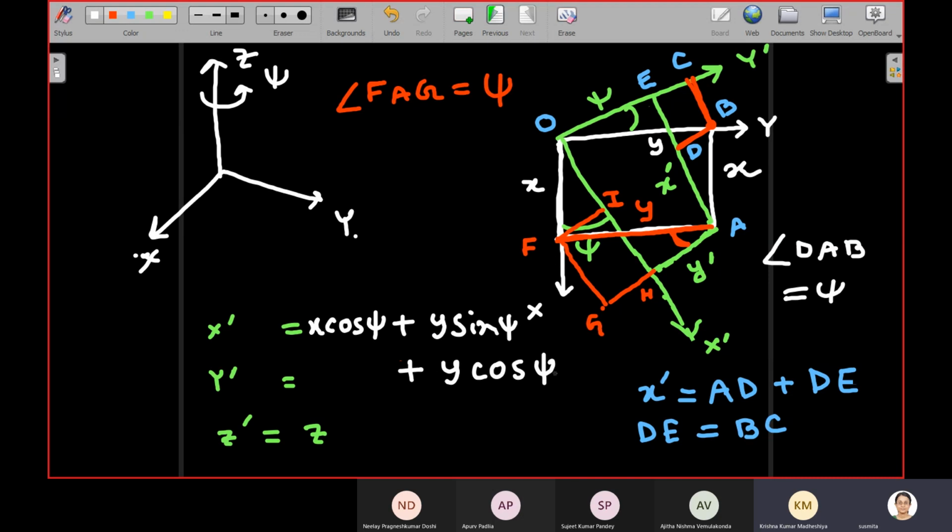Okay, then what is the other component? We are interested in AH, right? AH is equal to AG minus HG. We have already found AG, correct? AG is this one. So we need to find HG.